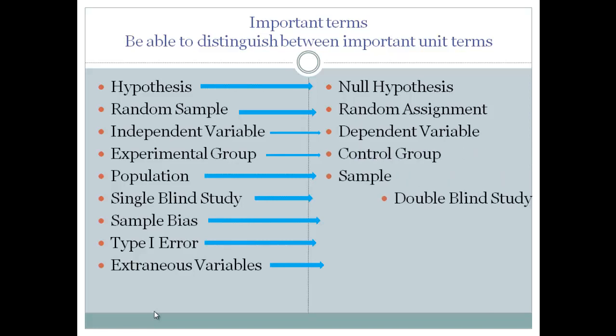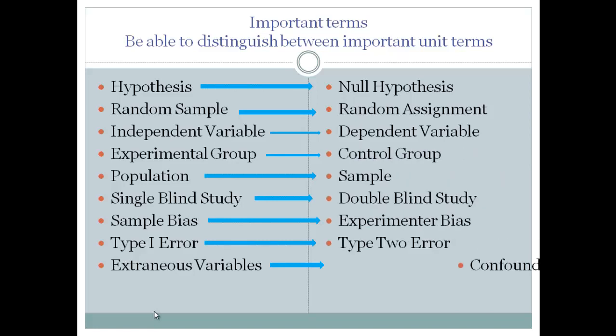These are some of the term pairs that are most likely to be mistaken on an AP test. When we do our review at the end of the year, we're going to see some of these word pairs again. So make sure you can define each of these, explain each of these, give examples of each of these, and especially be able to explain how or why they are different.